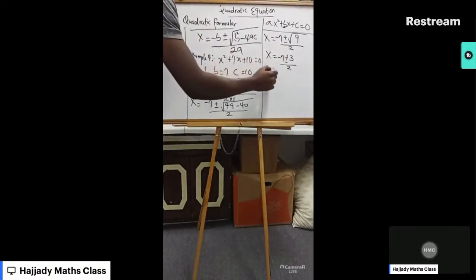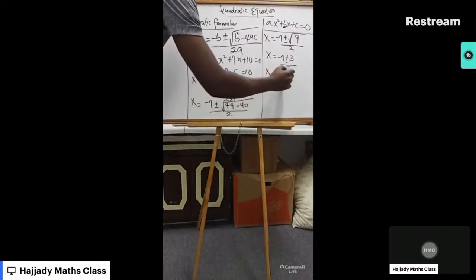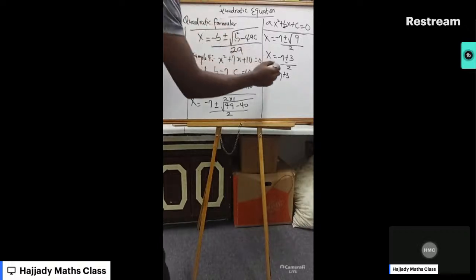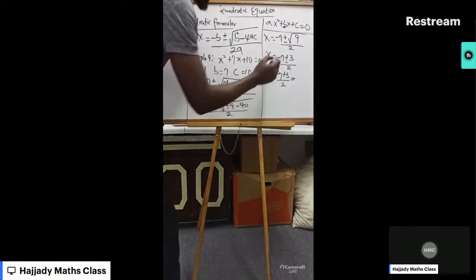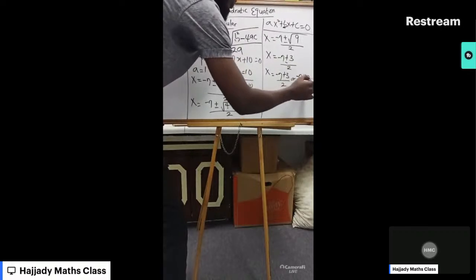So here we have x equals negative 7 plus or minus 3, because we are going to have two possible values. So the first one is negative 7 plus 3 over 2, and the second is negative 7 minus 3 over 2.